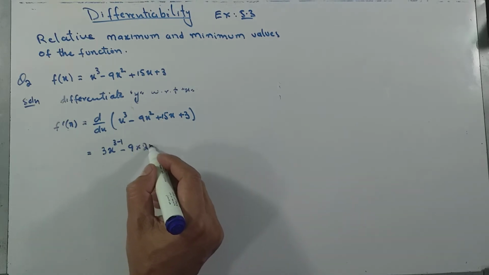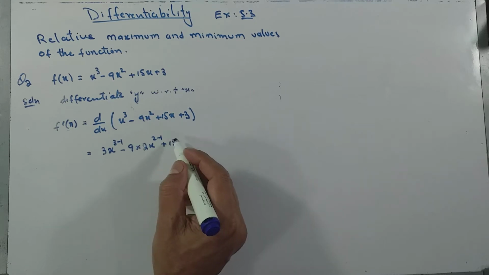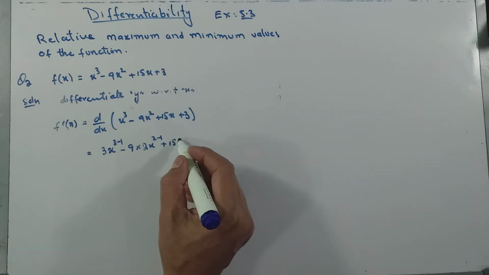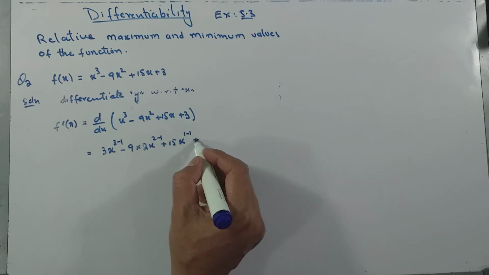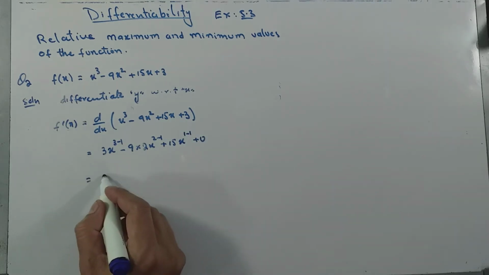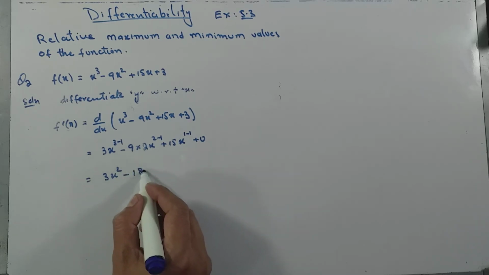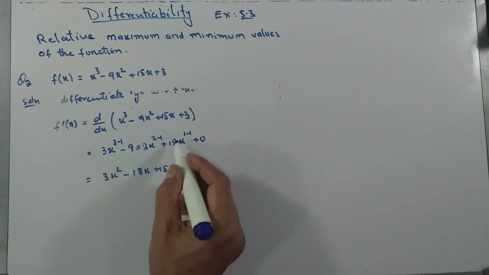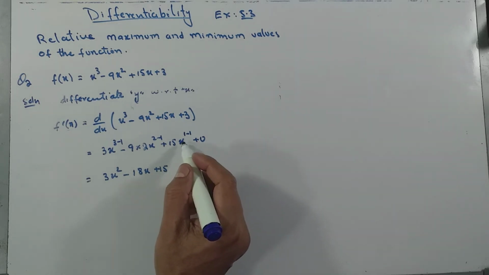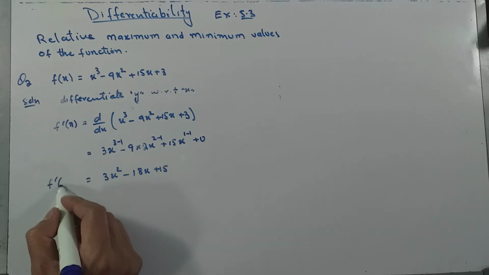So 2x to the power 2 minus 1, plus 15 is the coefficient, that will be carried on, and x to the power 1 minus 1, plus 0. Now here it is 3x square minus 18x plus 15. x power is 0, therefore it will become 1 and we will get 15 only. So this is the f derivative of x.